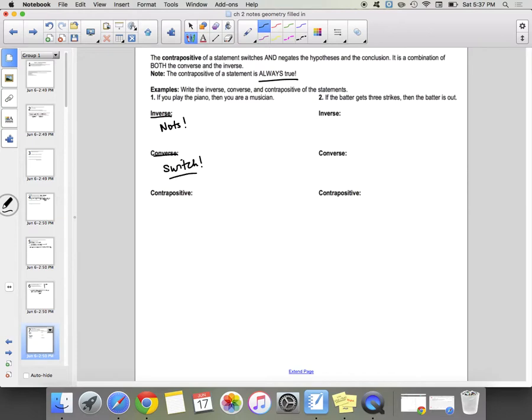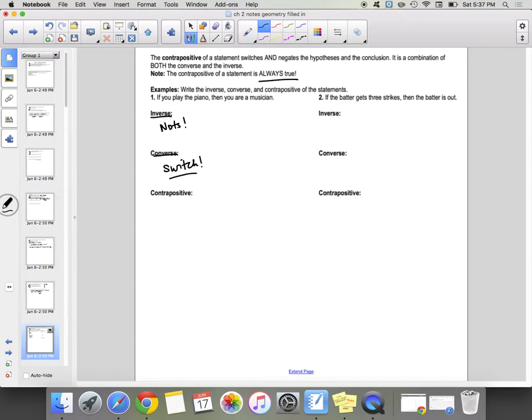So it says, if you are a musician, then you play the piano. And that one also doesn't work. Okay, so the first one was if you do not play the piano, then you can't possibly be a musician. But maybe you play the flute or the harp or something else. You could be a musician, right? And the converse, when we switched it, if you are a musician, then you must play the piano. Well, no, you don't necessarily have to play the piano to be a musician, right?